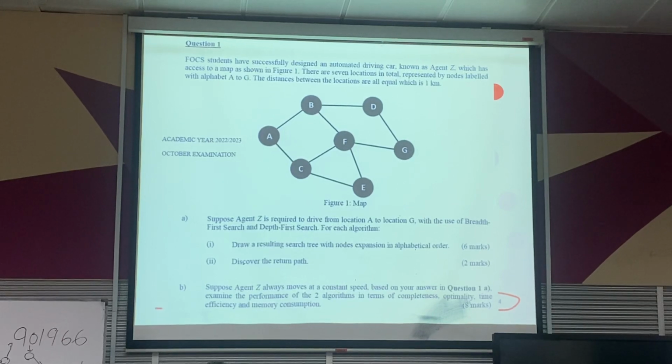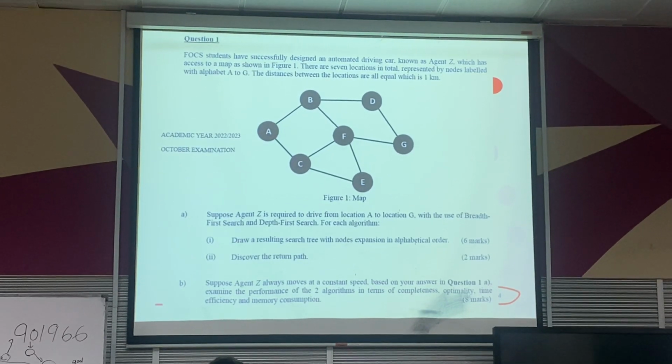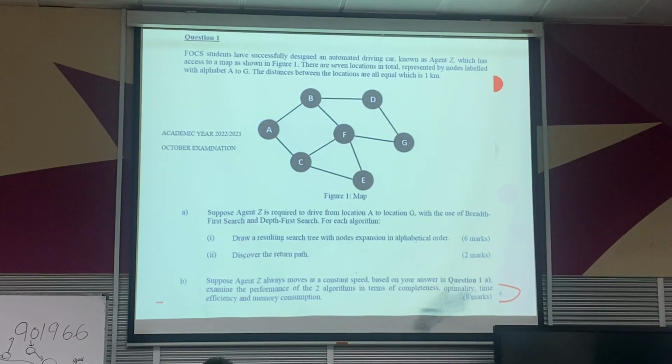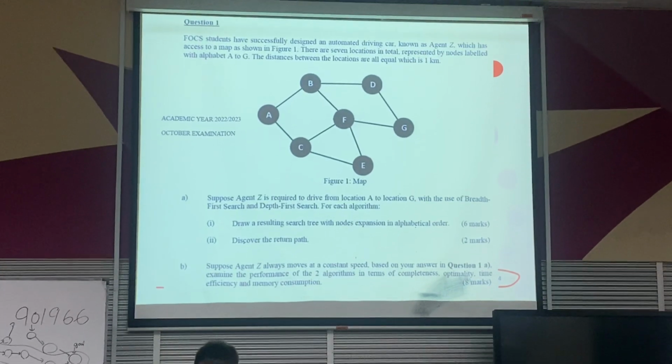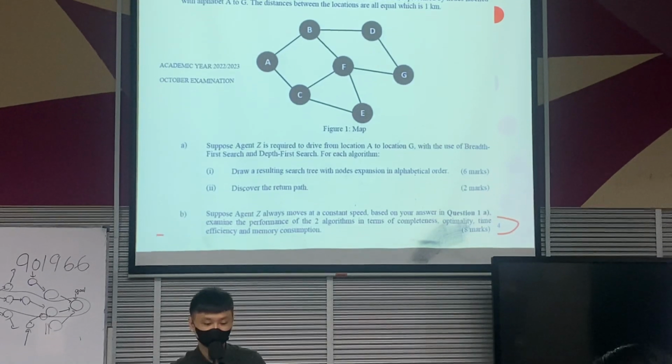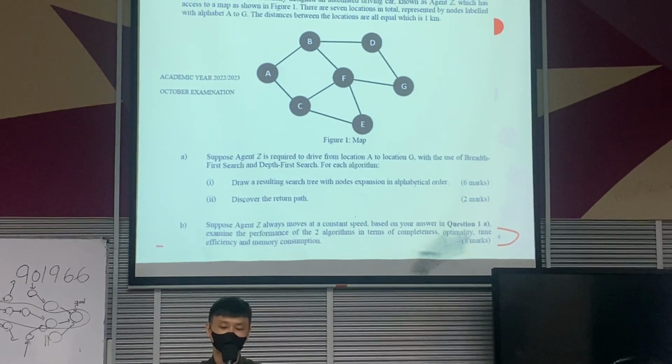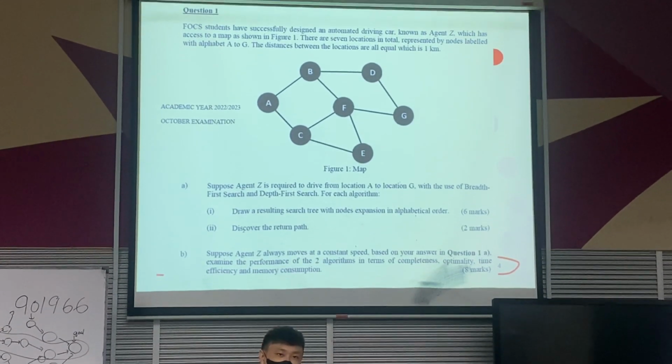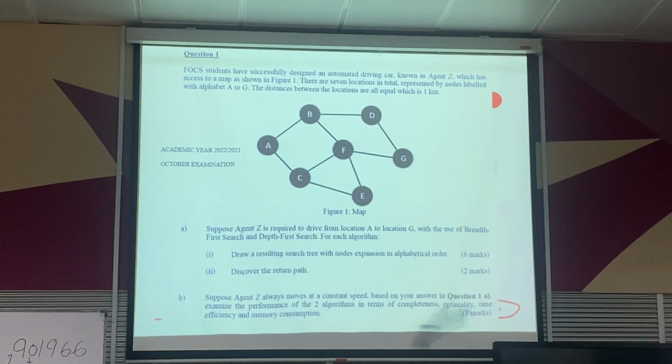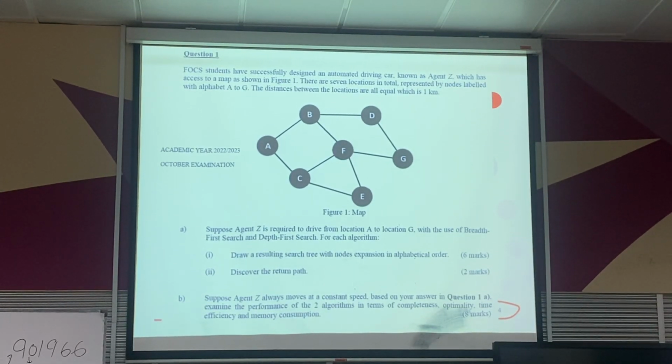Look at question A. Suppose agent Jack is required to drive from A to G. Using breadth first search and depth first search, draw the resulting search tree with the node expansion in alphabetical order, and at the same time, find the return path. I give you 10 minutes to try this question, then I will know whether you understand depth first search and breadth first search.